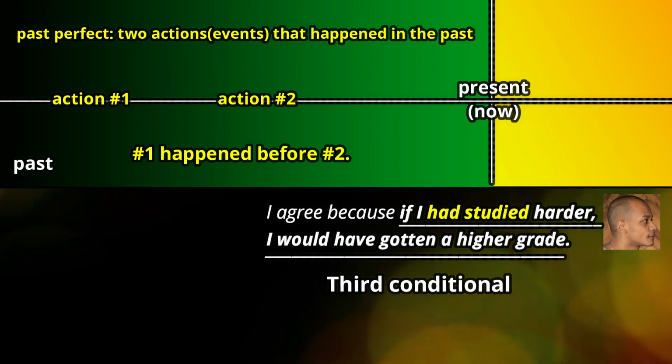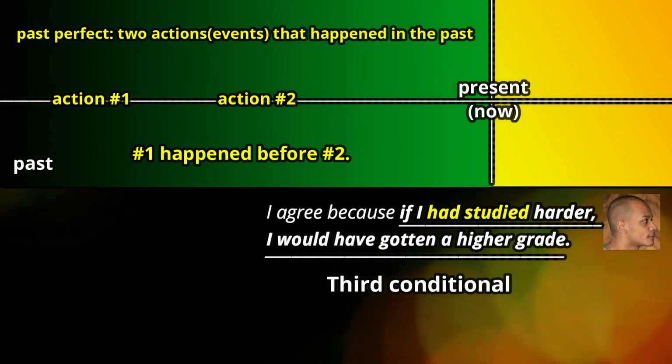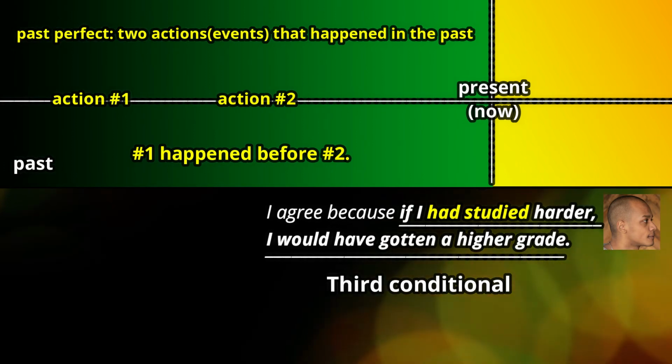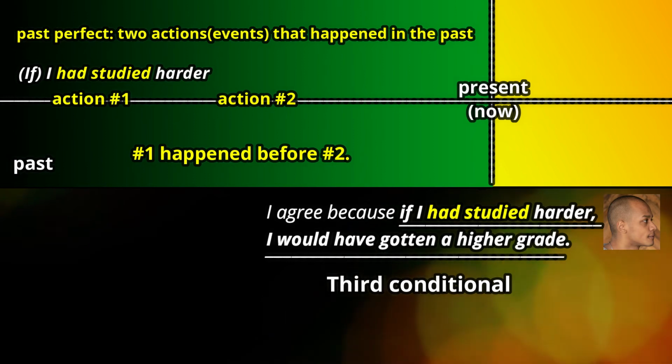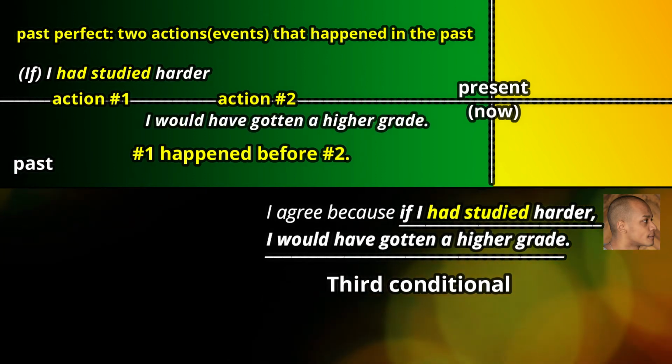It's not a real past. He's saying what would have happened. Okay, so he says that if I had studied harder, that's the first action in the past. And then he says, I would have gotten. All right, that's the second action in the past in his hypothetical situation.